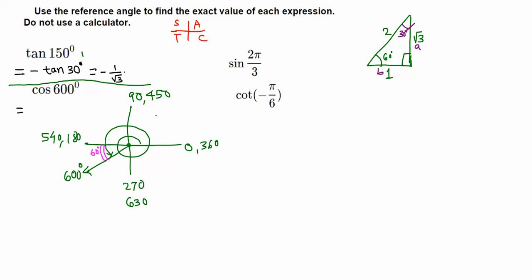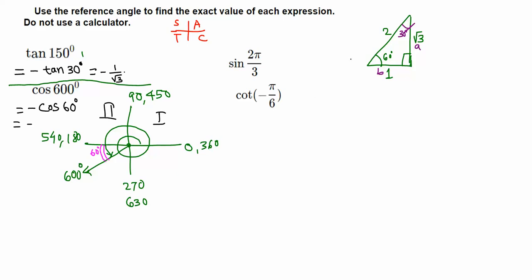Going through the rule, all students take calculus, in the third quadrant only tangent and cotangent have positive values. We are working on cosine, so cosine will have negative values, negative cosine of the reference angle 60.